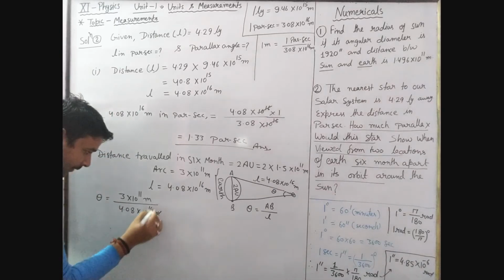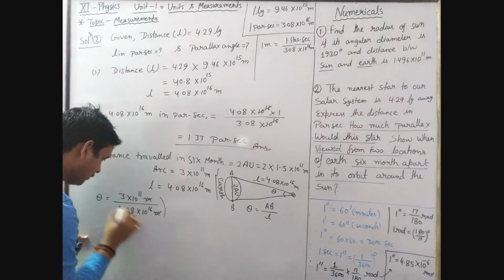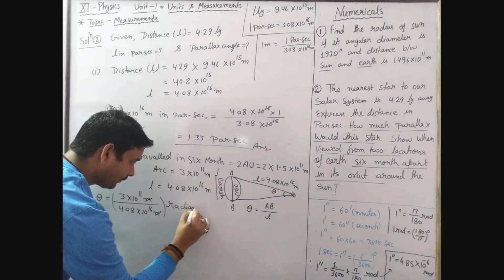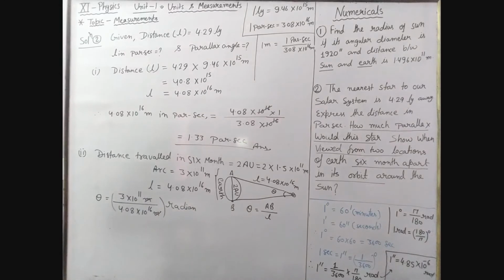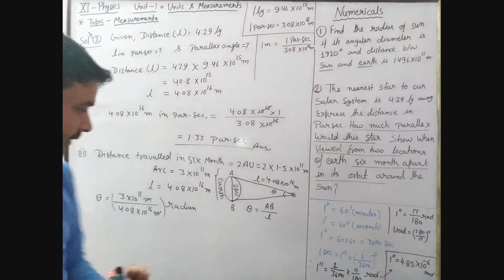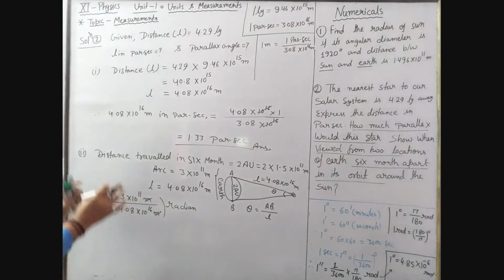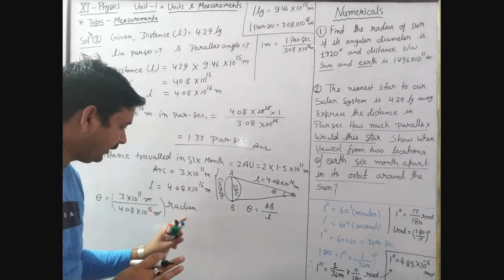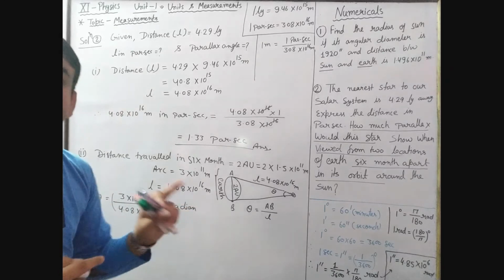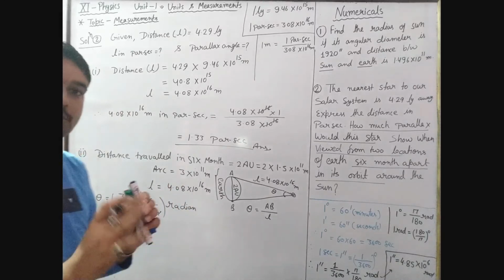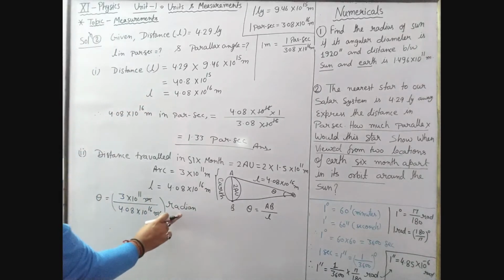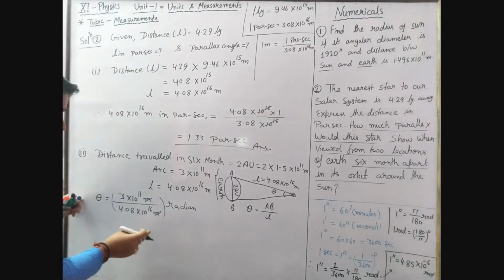The meter cancels and we get this whole result in radian. Always you can solve this and leave the result in radian, but you need to solve the result in degree, because actually the measurement of angle is in degree.